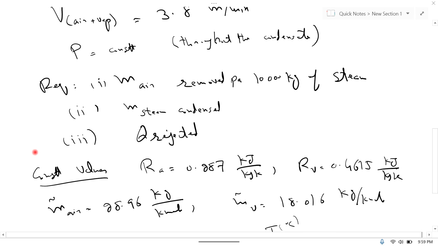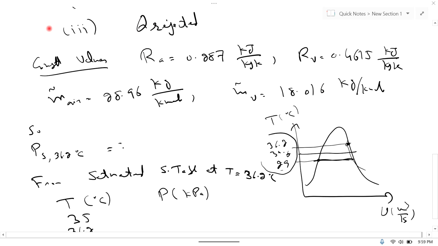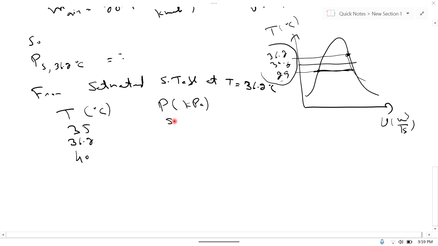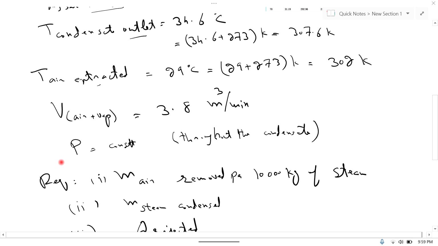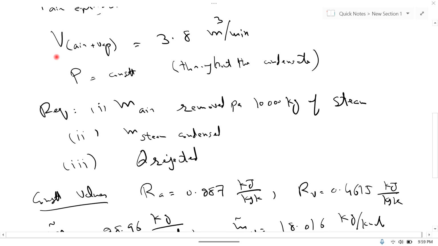At 35 degrees centigrade pressure is 5.628 kilopascal, and at 40 degrees centigrade saturated pressure is 7.384.